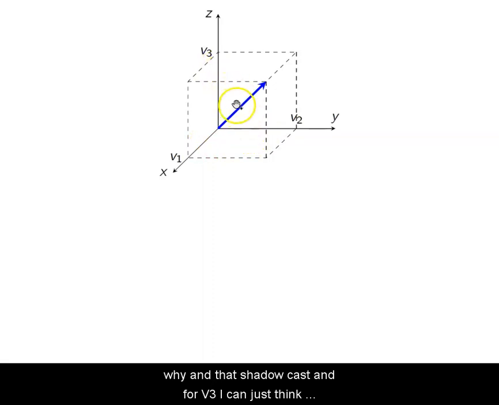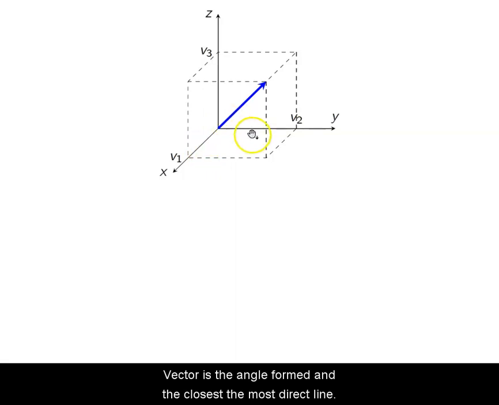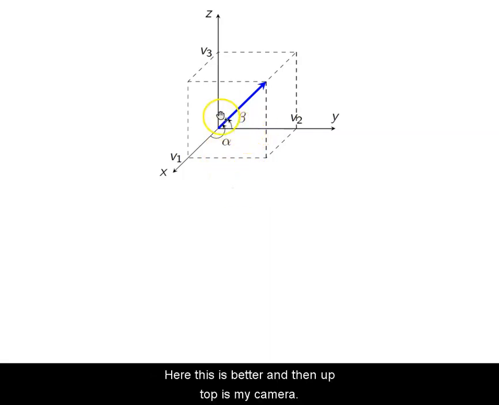For v3, I can think about it the same way, projecting it onto, let's say, the yz plane. The closest direction between the z-axis and this vector is the angle formed. The closest angle between x and this vector is the angle formed, and the most direct line or plane between y and this vector is the angle I'm considering. So here I have alpha, here this is beta, and up top is my gamma angle.